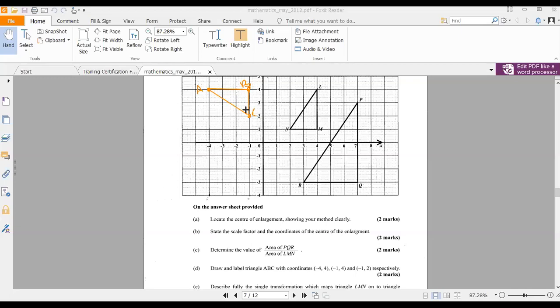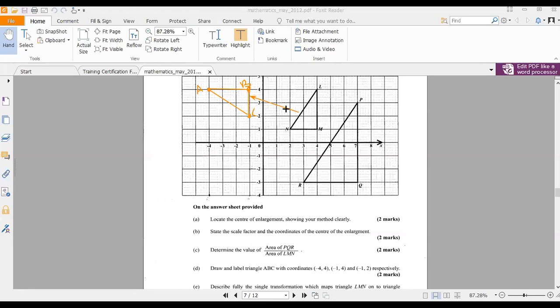All right. So when you finish, the last question they ask is: describe fully the single transformation which maps the triangle element to ABC. They want to find from here to here, from this triangle to this triangle.